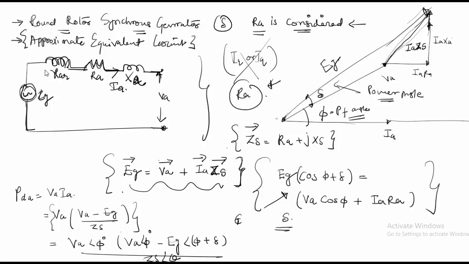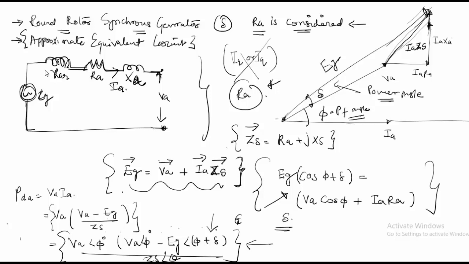So this ZS is making an angle of theta, so it's possible to get this in terms of angle of delta if you are going to solve this equation. So it's possible to get your power equation in form of delta.